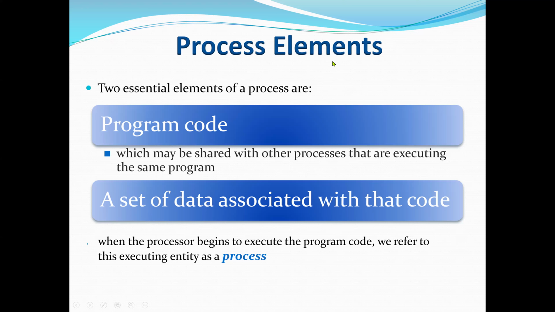So a program is an instruction or code that is written and saved. A process is a program that is being executed. In order for a program to be executed, it needs data to use. So the data associated with the code is also part of the concept. When the processor begins to execute the program, we refer to this executing entity as a process.